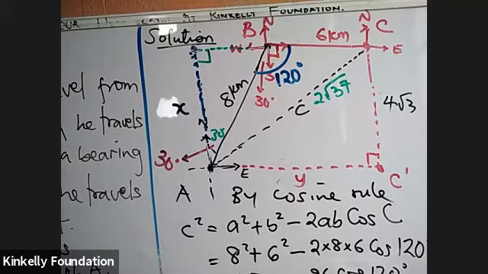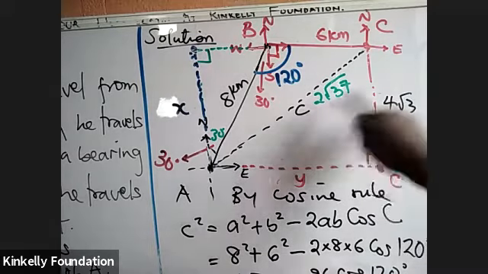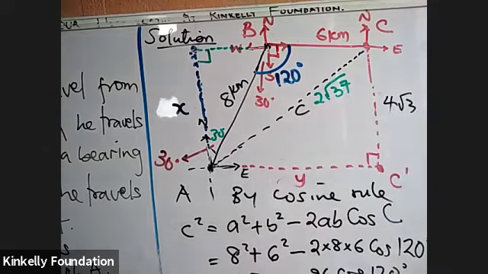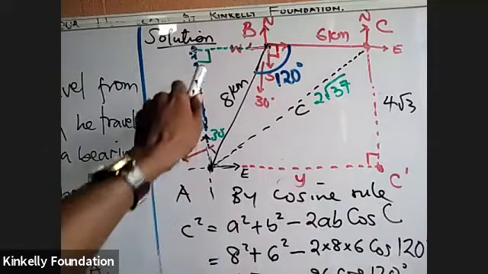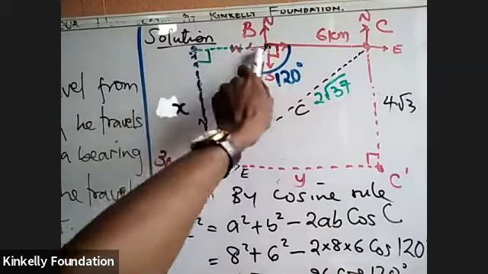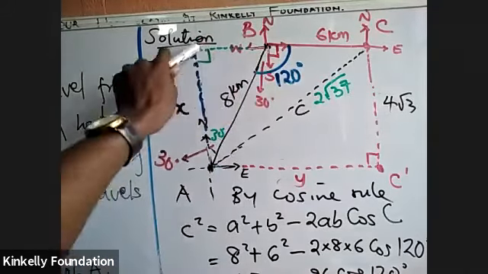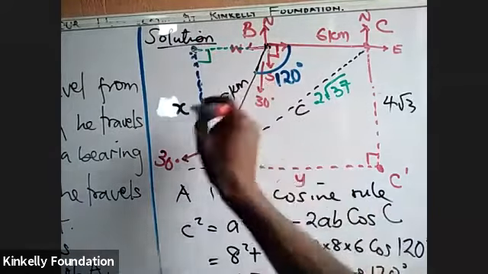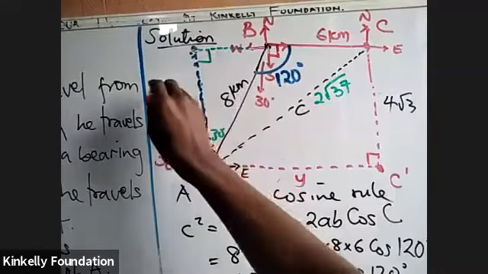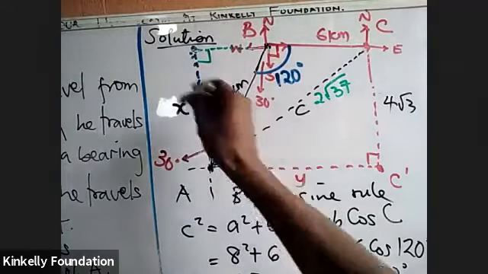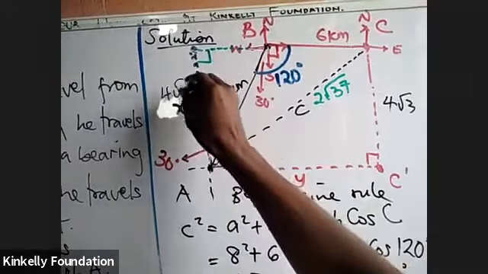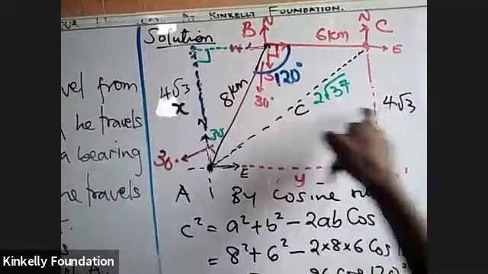The other way around, if you do not find this one, the other way you can use to find the value of y is when you get this short distance. This short distance can be gotten using Pythagoras. Remember that here is 8, here is 4 root 3, and here is 4 root 3 because it's the same size as this.